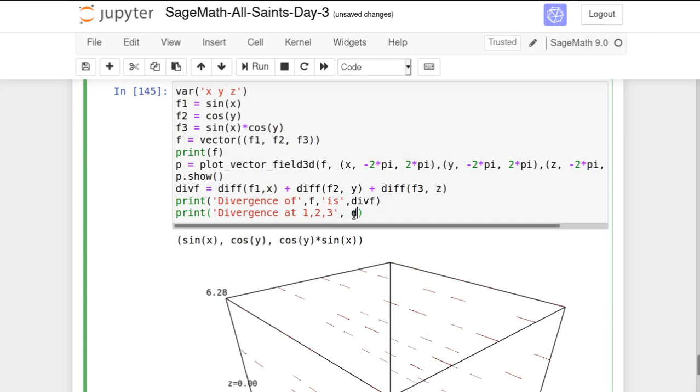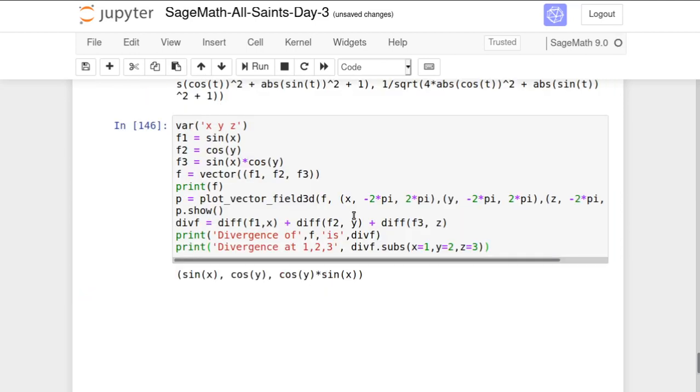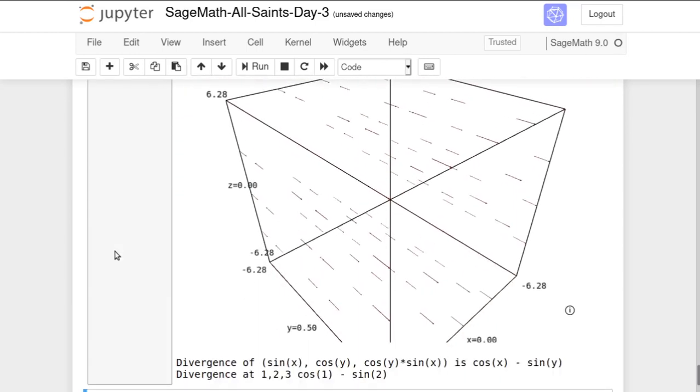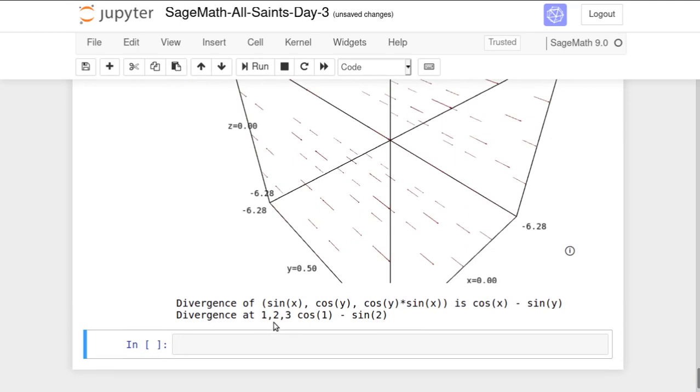For that we need to substitute div f subs x equal to 1, y equal to 2, z equal to 3, and let us print it. The divergence at 1, 2, 3 is cos 1 minus sin 2. So this is how we calculate the divergence of a vector field.